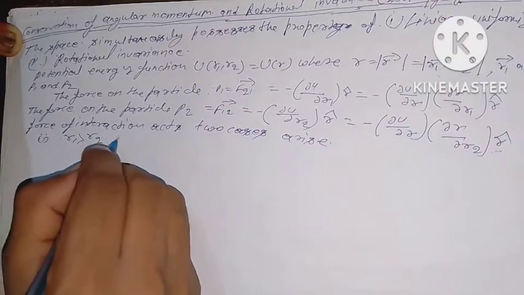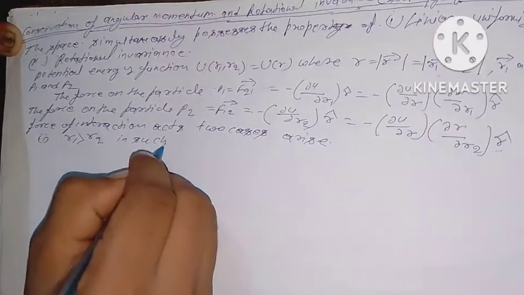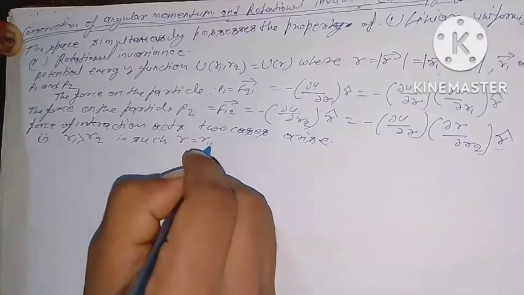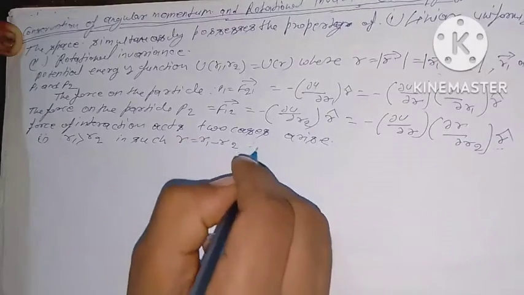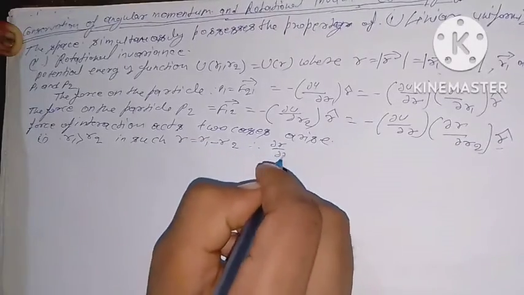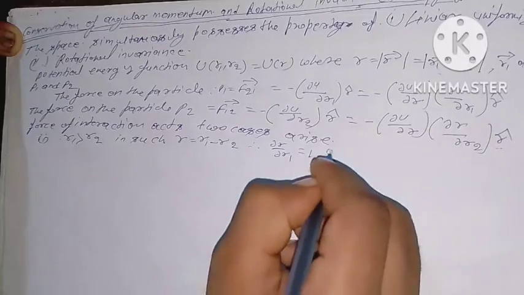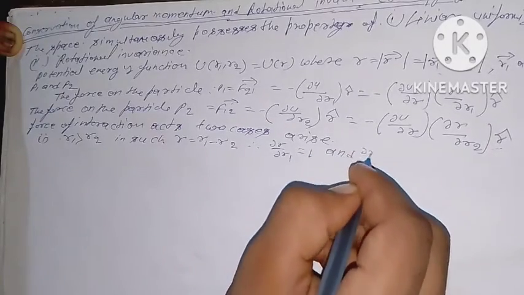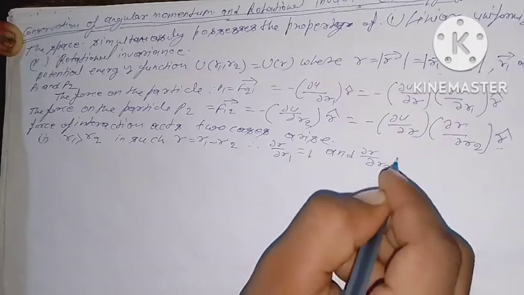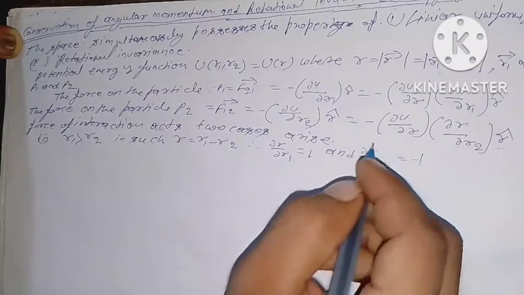In such a case r equals r1 minus r2, so del r upon del r1 equals 1 and del r upon del r2 equals minus 1.